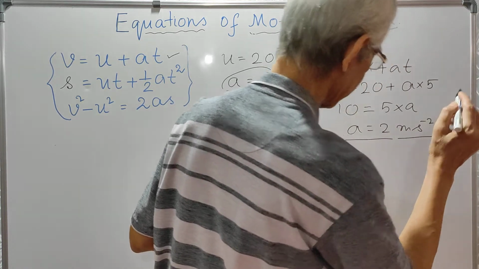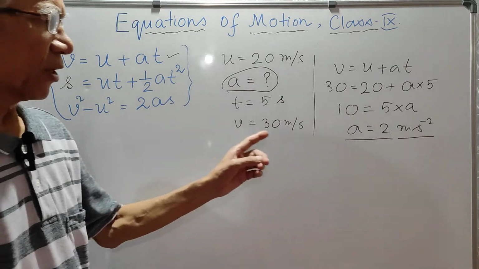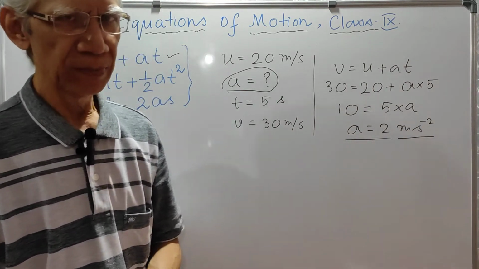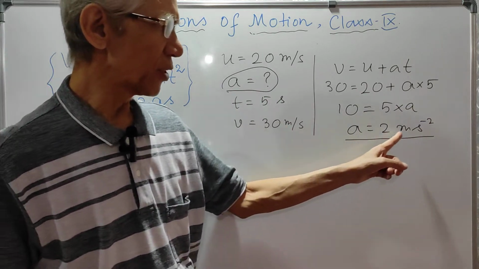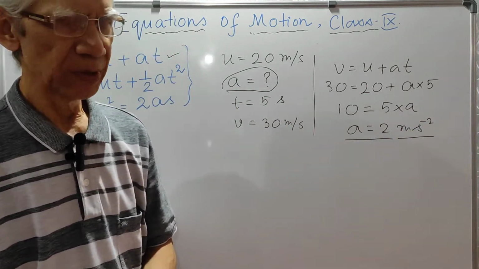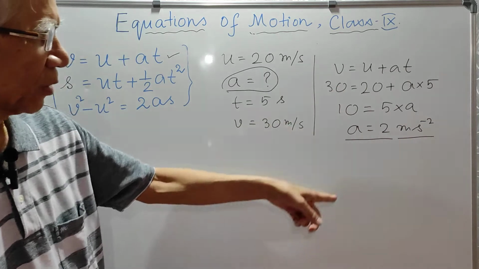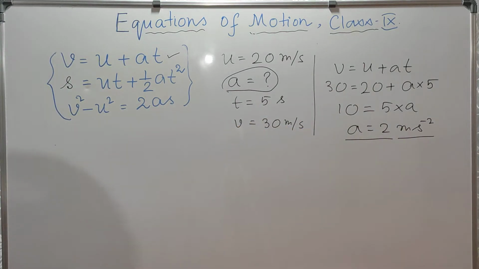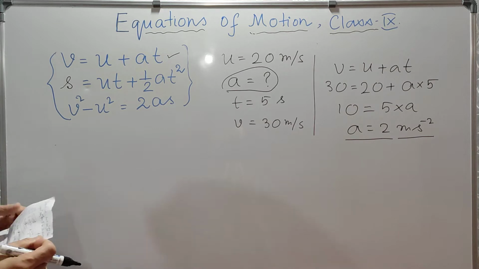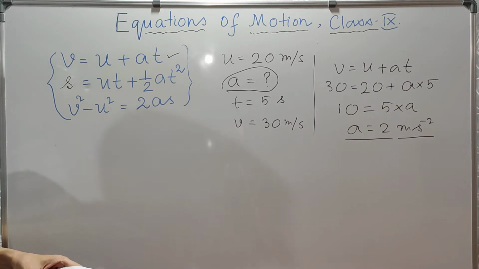This is the answer. Now unit of acceleration is meter per second square. Unit of velocity is meter per second, but unit of acceleration is meter per second square, isn't it? So this is how we calculate and get the answer. a equal to what? a equal to 2 meter per second square. You followed?